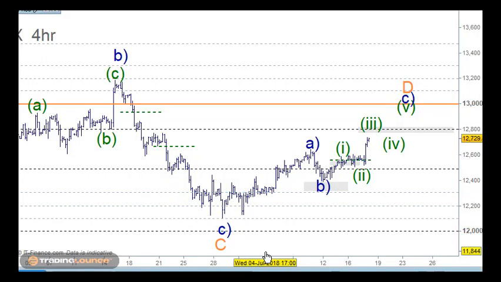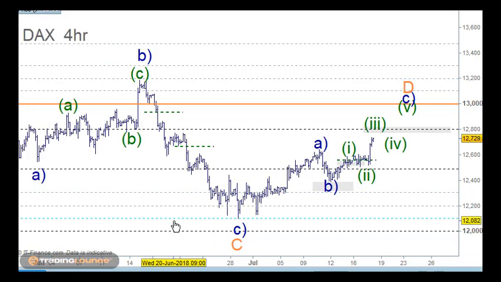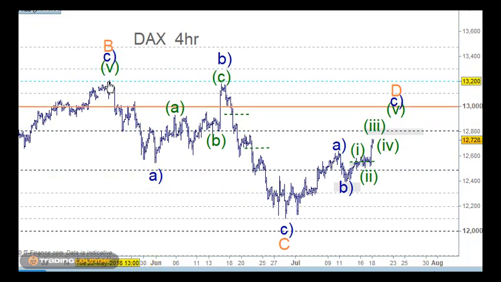So in terms of the triangle count, we can look at this as wave A here, wave B here, then 1 and 2 and 3 and 4 and 5. The 12,800 is the 61.8% retracement level from this high to this low.